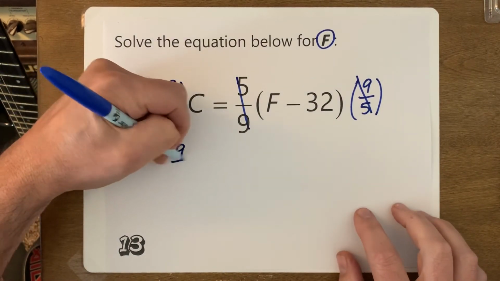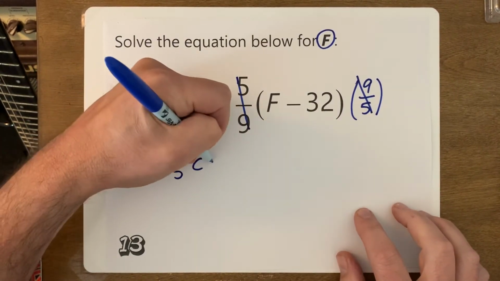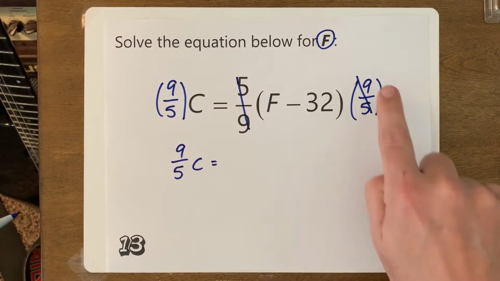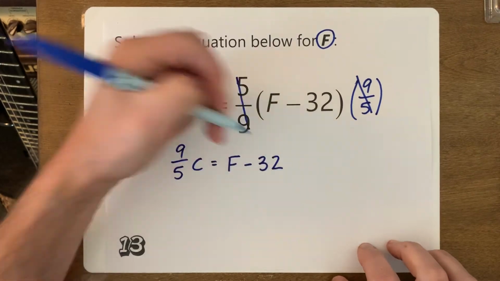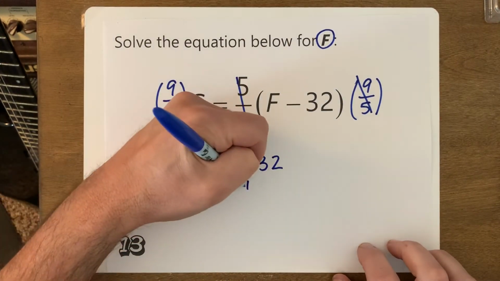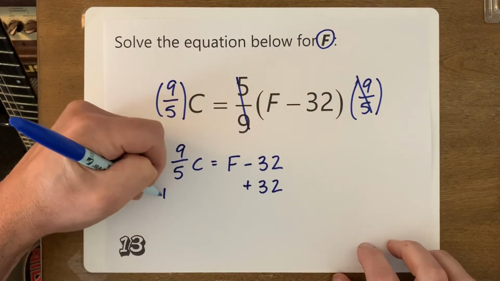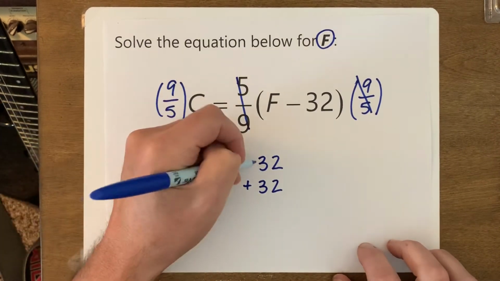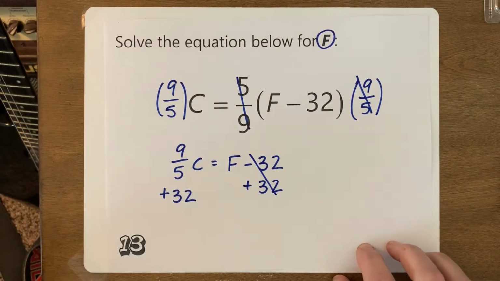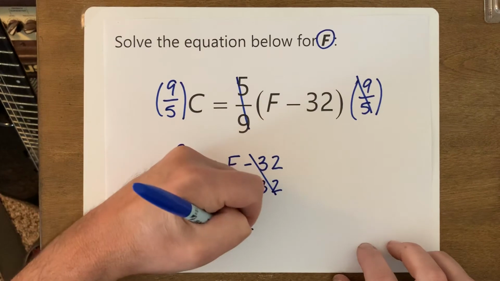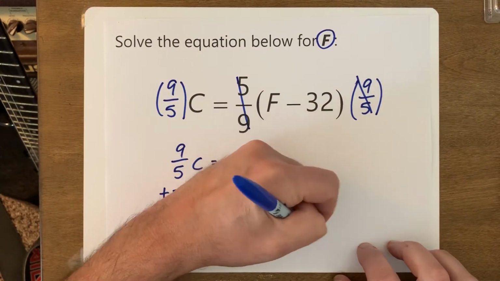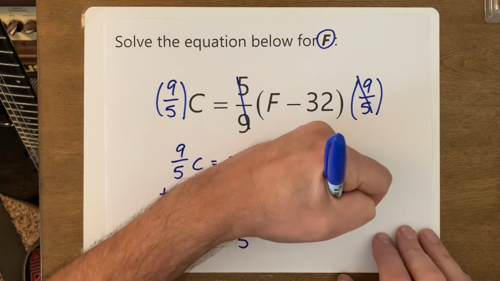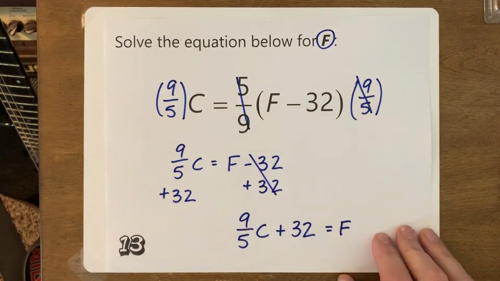So I have 9 over 5 C equals, now everything's gone, F minus 32, and now all I've got to do is add 32 to both sides. Plus 32, cancel those out, and so now I have 9/5 C plus 32 is equal to F. And there you go.